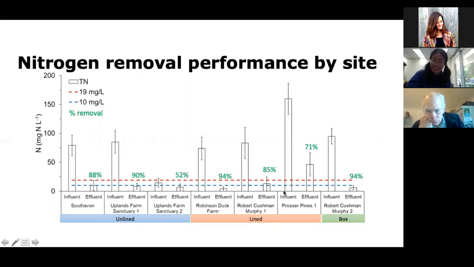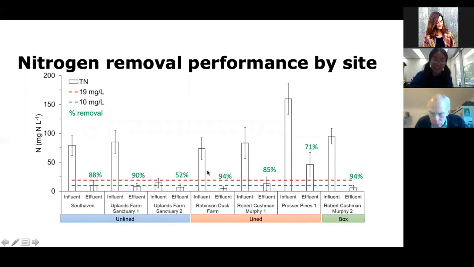Another one that might catch your eye is Prosser Pines 1, where the effluent quality is much higher than the other ones. So you'll notice that that one also has higher effluent quality, but on a percentage basis, it's not quite so bad.